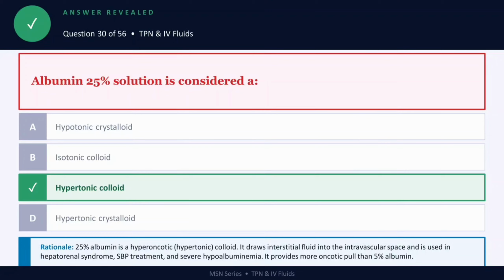Rationale: 25% albumin is a hyperoncotic colloid. It draws interstitial fluid into the intravascular space and is used in hepatorenal syndrome, SBP treatment, and severe hypoalbuminemia. It provides more oncotic pull than 5% albumin.